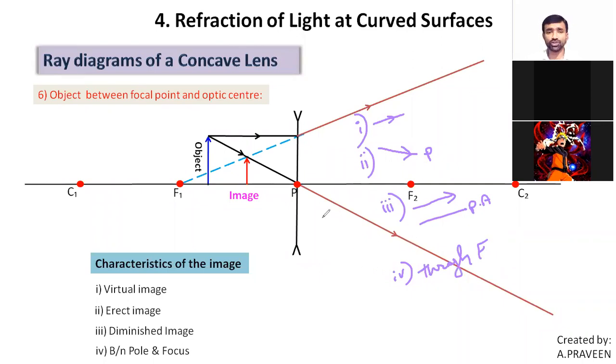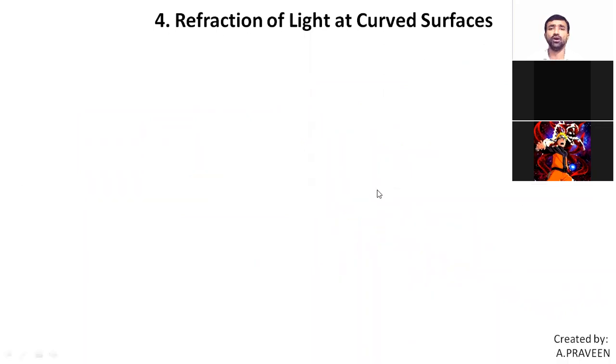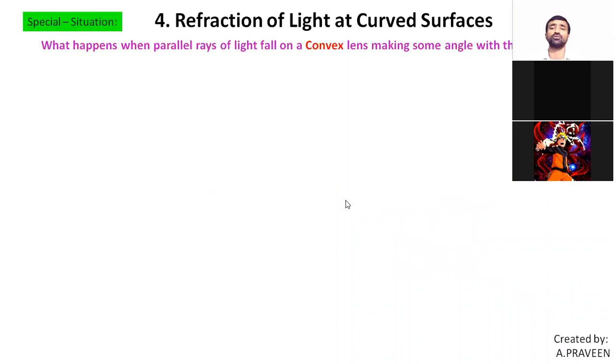Other than these situations, we discussed a special situation which does not meet any of these situations, right? That is making an angle with the principal axis: a parallel beam of light rays making an angle with the principal axis. I will remind you how to deal with that situation, because example 4 and example 5 are based on that concept only.